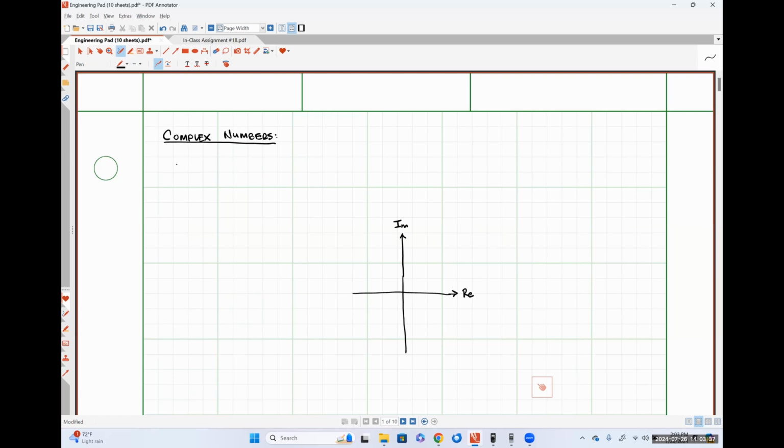So first, I want to introduce rectangular form complex numbers. A rectangular form complex number is usually of the form as follows. My complex number, I'm going to call it A, and I'm going to put a bar over it, and that tells you that you're dealing with a complex number.